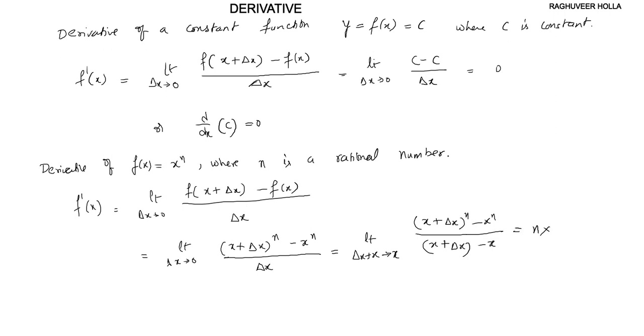So this would lead to n multiplied by x to the power of n minus 1, by using the limit as x tends to a of x to the power of n minus a to the power of n divided by x minus a, which is n a to the power of n minus 1. Or we can say that d by dx of x to the power of n is n x to the power of n minus 1.